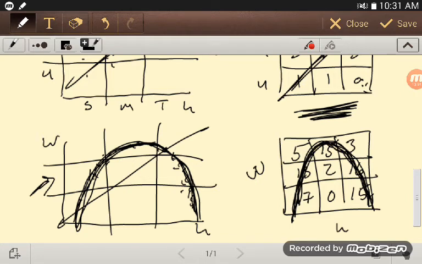So we're going to start with categories, and we'll have a variable, say weight, with different levels or different categories within that categorical variable.